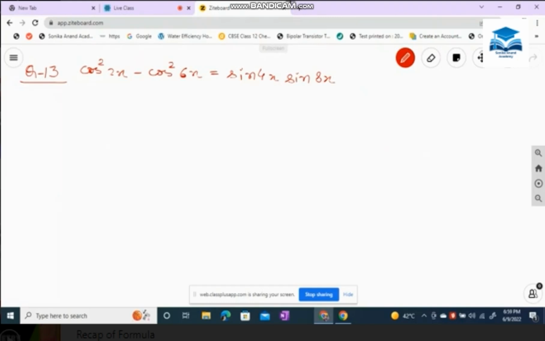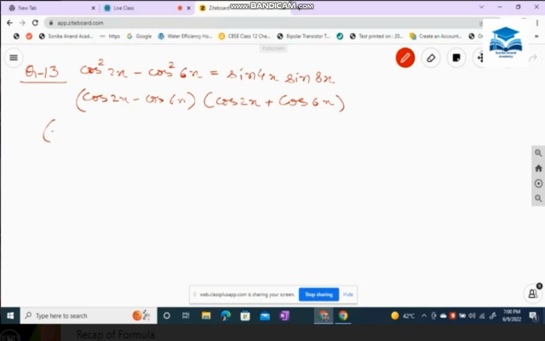Now here we can also write it again like this, cos 2x minus cos 6x, and again we write cos 2x plus cos 6x. A plus b, a minus b. Now use the formula of cos a minus cos b, cos a plus cos b.